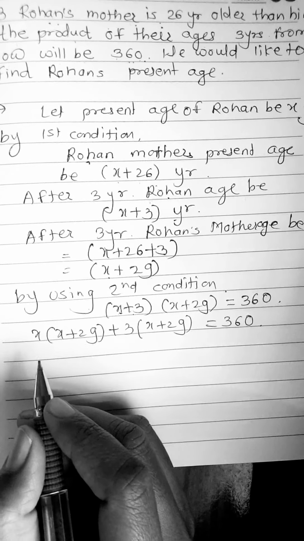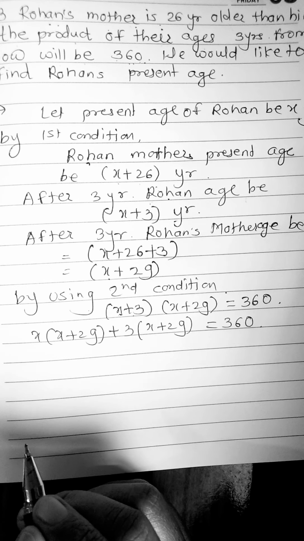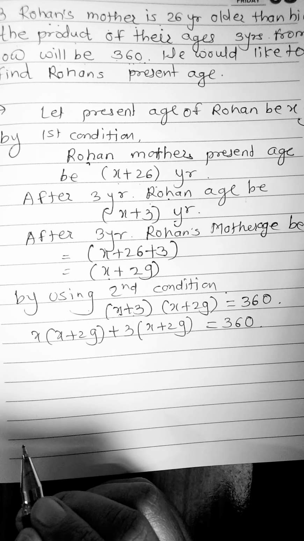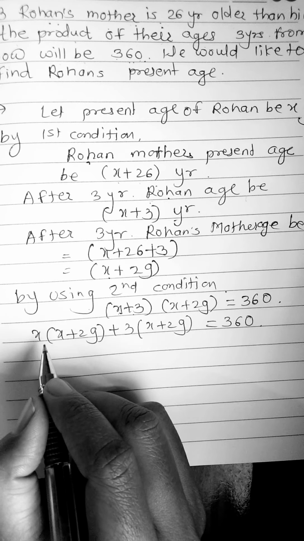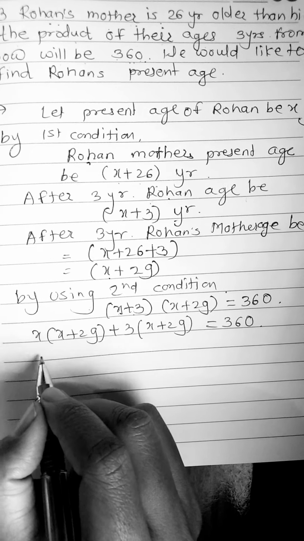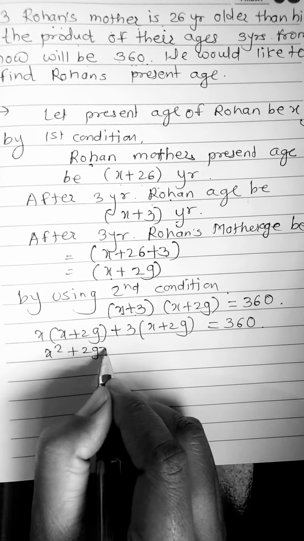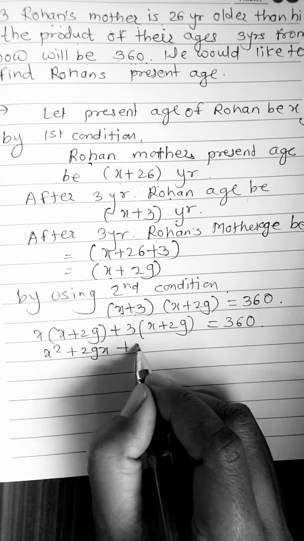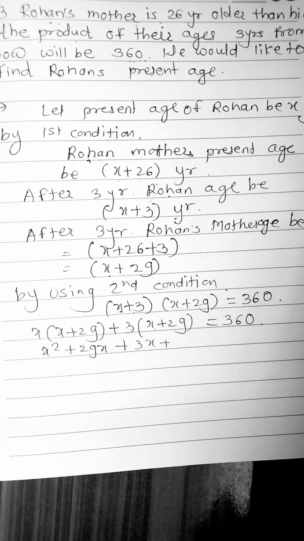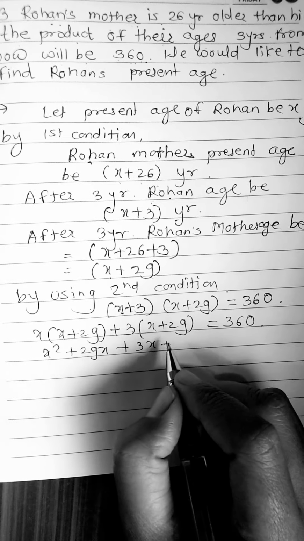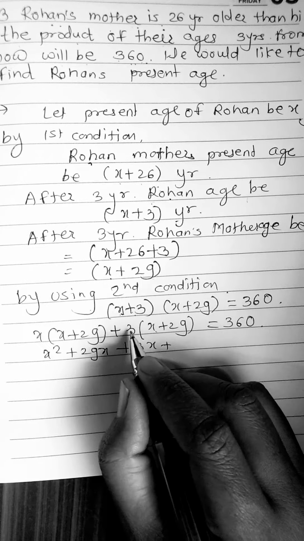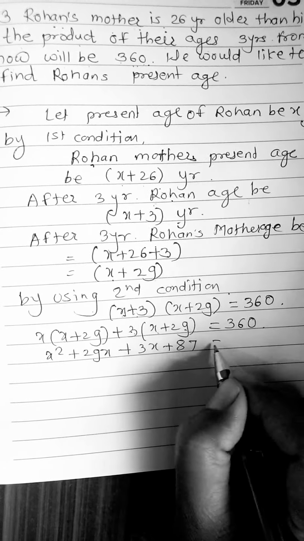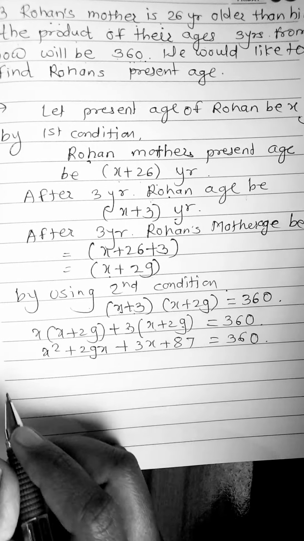So we multiply this bracket by x, then x into x, x square, plus 29x, plus 3 into x, 3x, plus 29 into 3, 87, is equal to 360.